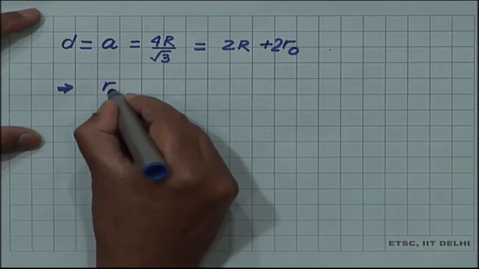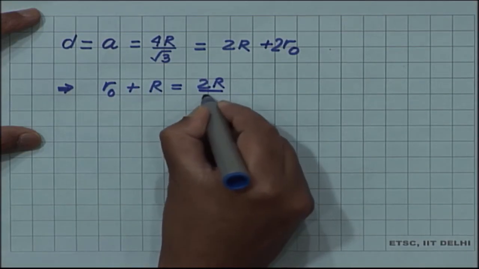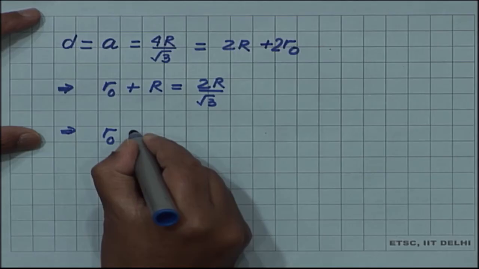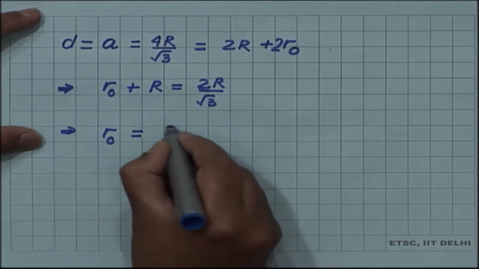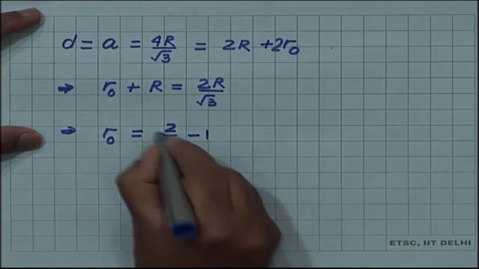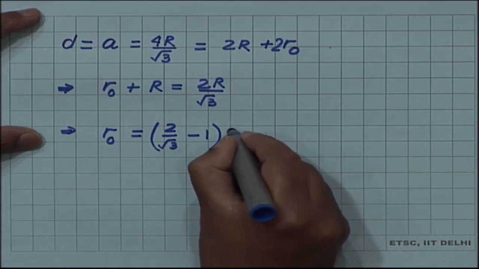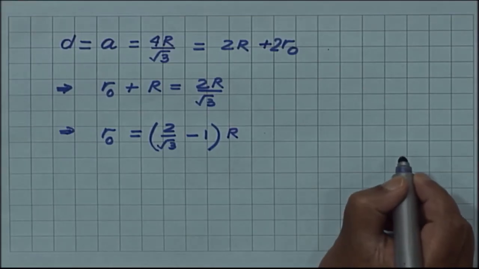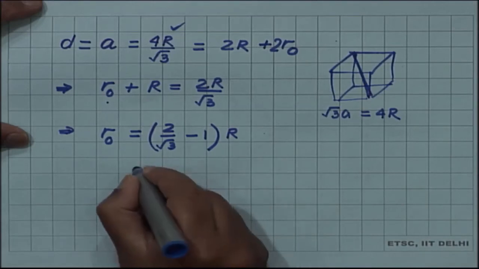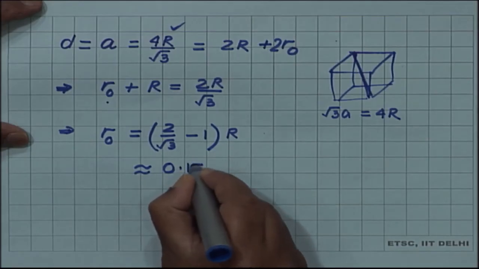We have R O plus r is 2 r by root 3, which gives us the octahedral void radius as R O. If you then work it out numerically, this comes out to be only 0.15 r.